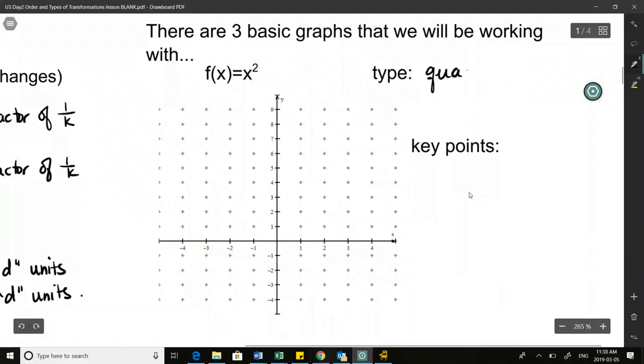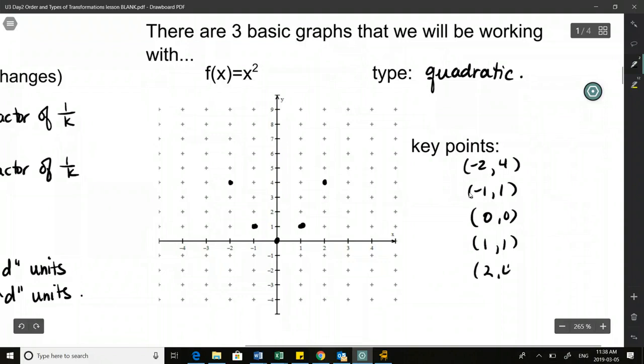So this is a quadratic. These are the key points that you are going to perform these transformations on. The main key points you should have are -2, 4, -1, 1, and then 1, 1, and 2, 4. They're in your table of values. And this is what your graph should look like.